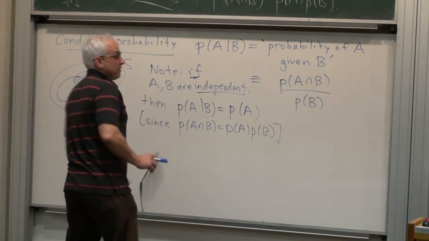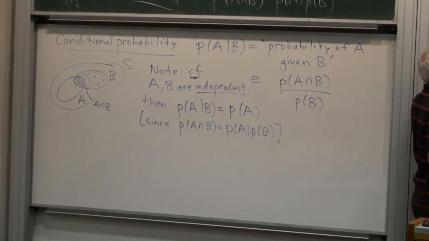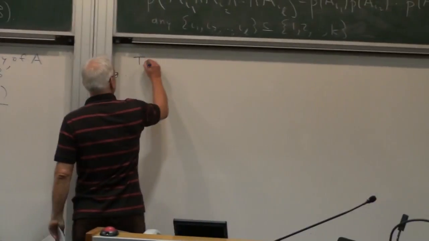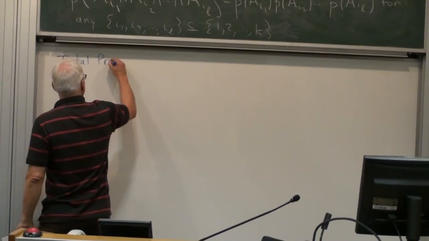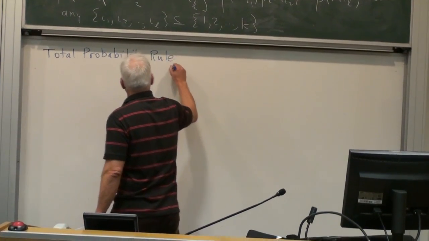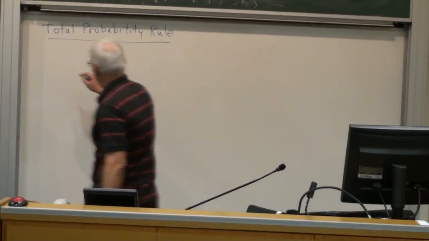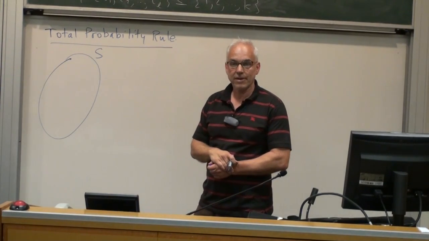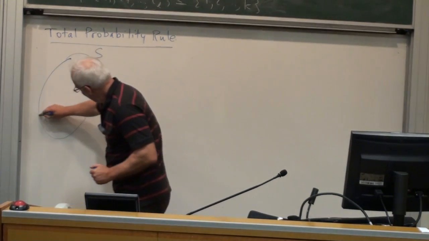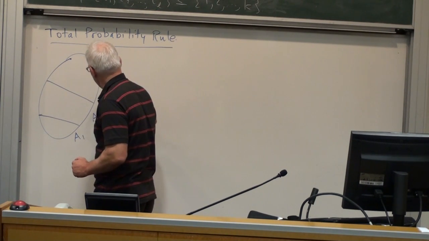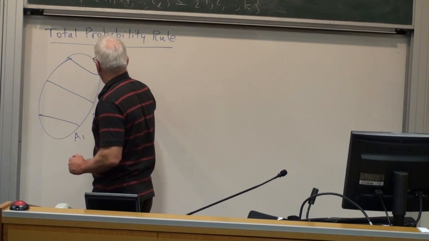Okay, so the first rule that we want to talk about today, the new rule, is called the total probability rule. And it's the situation where you have a sample space S, and it's partitioned. So it's partitioned, say, A1, A2, up to, say, AN.